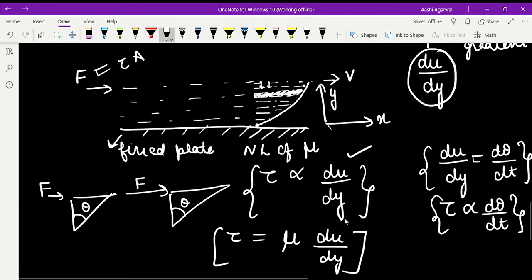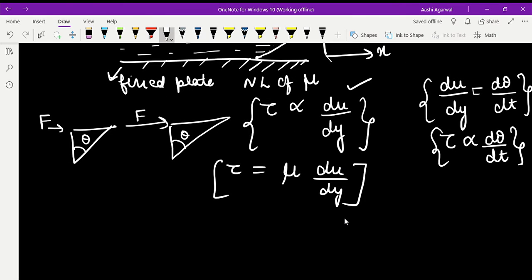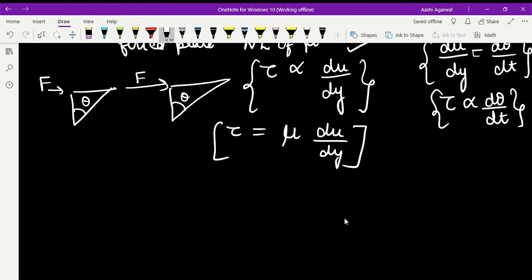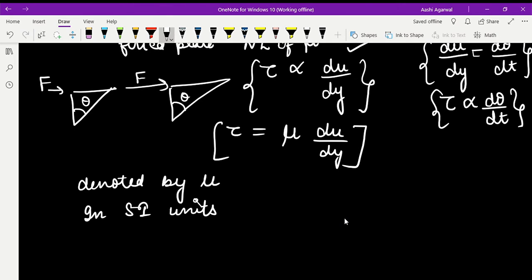Now again, we'll not go into much detail. Viscosity is denoted by mu. In SI units, what is the unit of viscosity? It is Newton second per meter square, or you can say Pascal second.